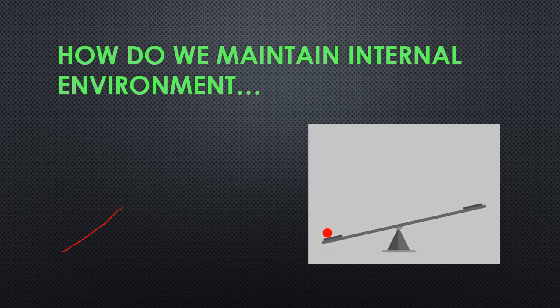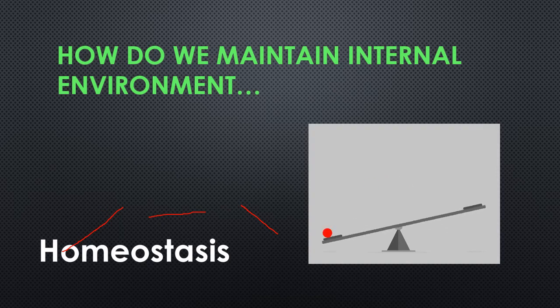What does your body do? Does the opposite to get it to work. What happens then? Well, it starts to look like this, but eventually it's going to look like this. And then it has to do the reverse. So it's that seesaw pattern. This maintaining the internal environment, no matter what's going on in the external world, is called homeostasis.